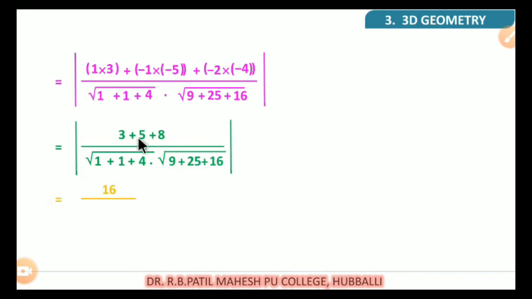So this is 3 plus 5 plus 8 means 16 divided by square root of 6 into square root of 50. Therefore this implies theta is equal to cos inverse of 16 divided by square root of 6 into square root of 50.